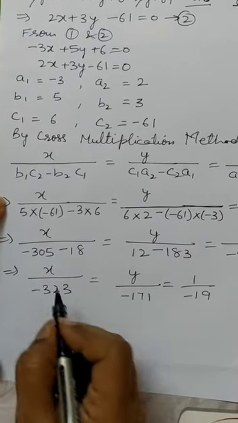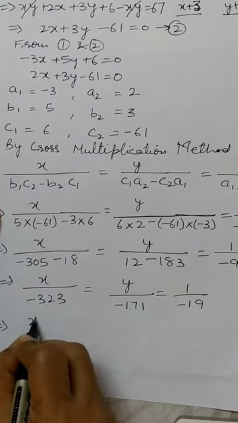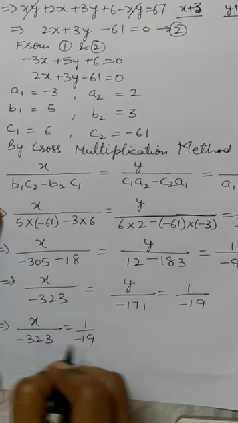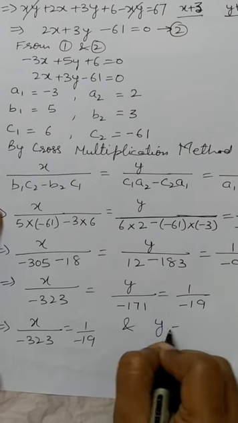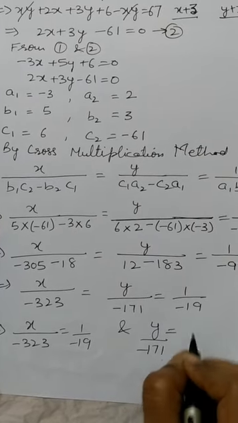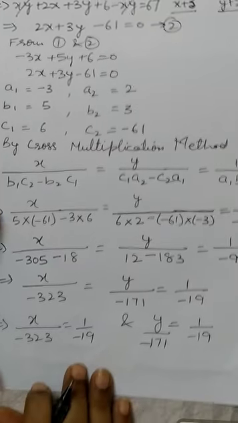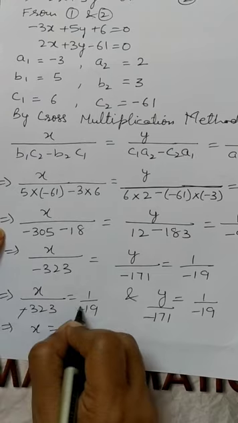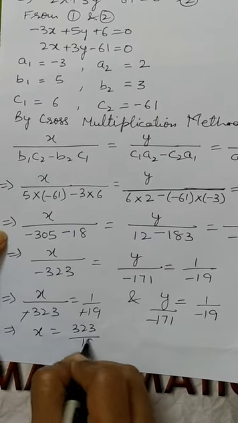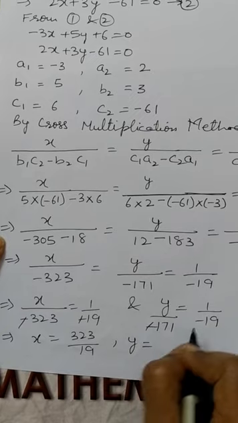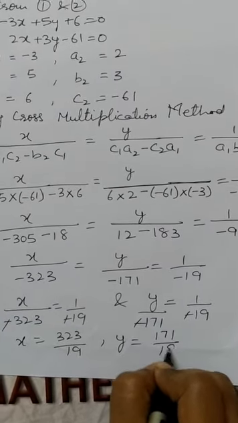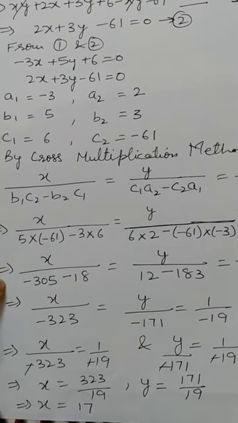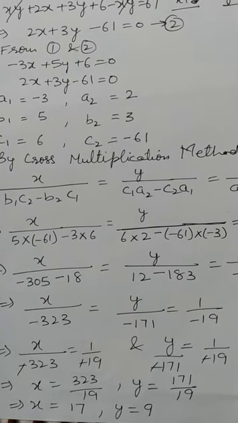Now we equate the first expression to the third one to get x, and y upon minus 171 also to the third expression, which gives us that x is equal to 323 upon 19 and y is equal to 171 upon 19, which gives us x is equal to 17 and y is equal to 9.